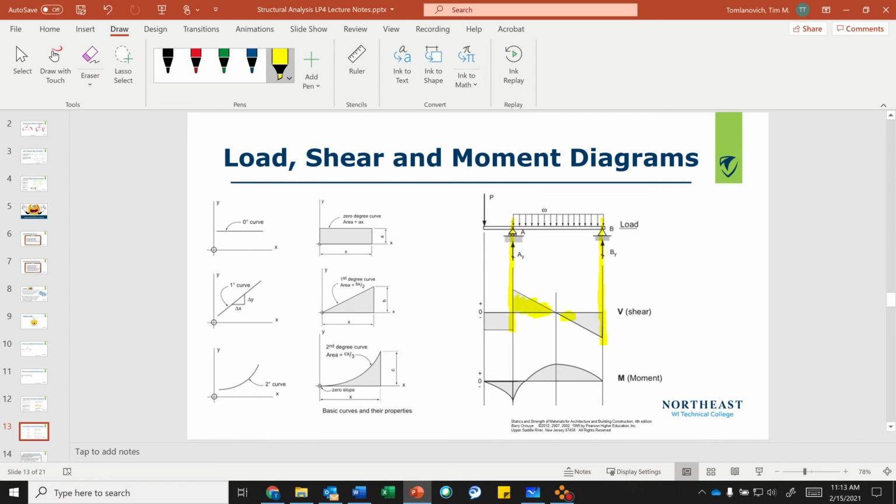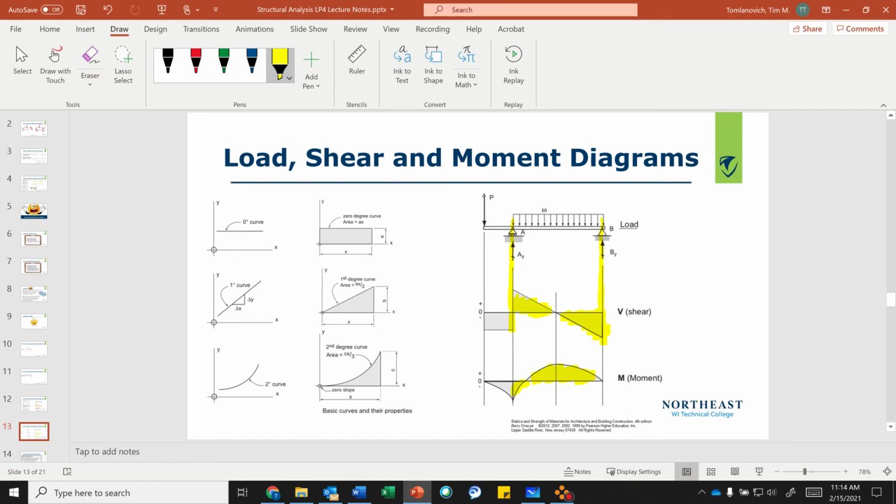Then from a 1-degree curve, I go to a 2-degree curve, which is this. Okay, it's a curve. So 0, 1, 2. It always has to increase in curve numbers as I go from load to shear to moment. So you always do your shear first, then your moment.